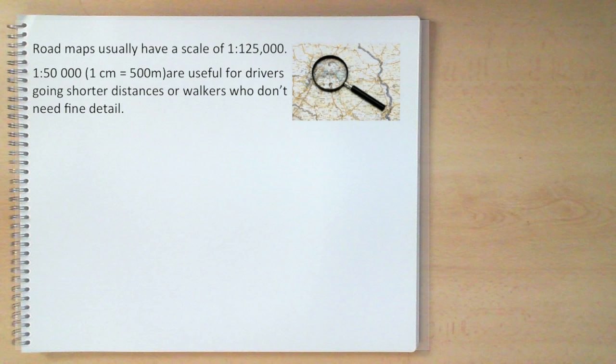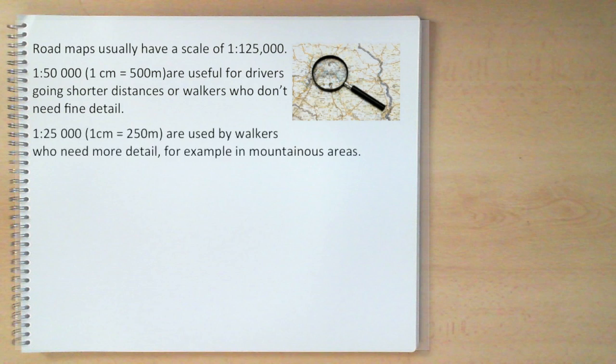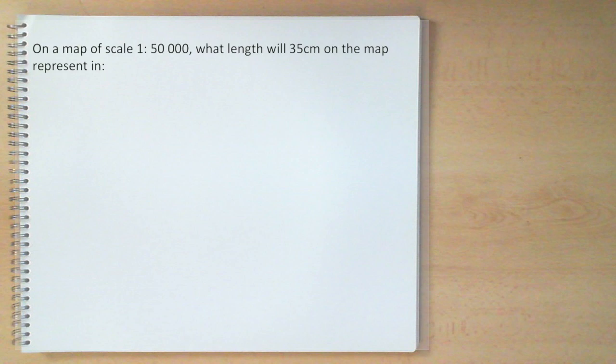Or for walkers, who don't really care about the exact detail, just need to know how to get from A to B. Even finer detailed maps, 1 to 25,000, which is 1 centimetre for every 250 metres, are used by walkers in areas where they need a lot more detail to be able to see landmarks to know where they're going to and from. It's going to be useful to work out from the scale on the map how much a distance on the map means in real life.